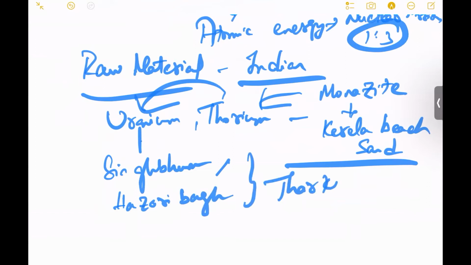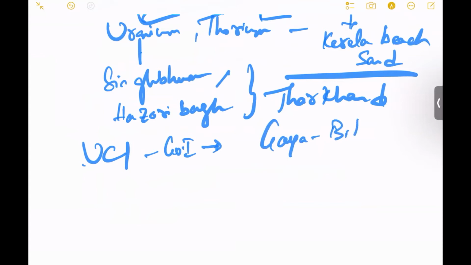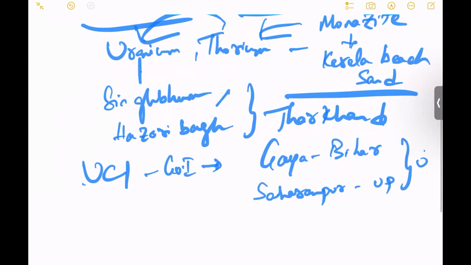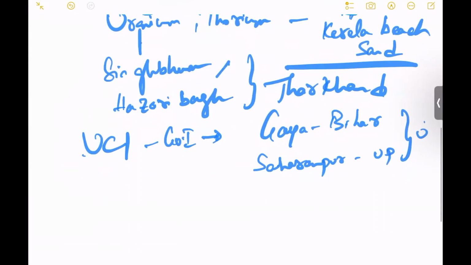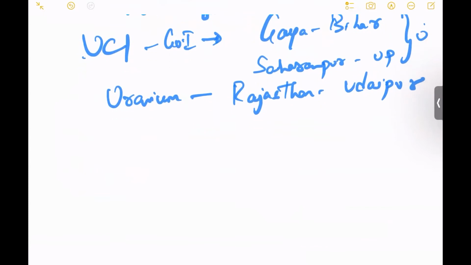In India, there is a PSU called Uranium Corporation of India, which operates under the Government of India. There are also places like Gaya in Bihar and Saharanpur in UP where uranium mines are found. We also have uranium in Rajasthan, especially in Udaipur.